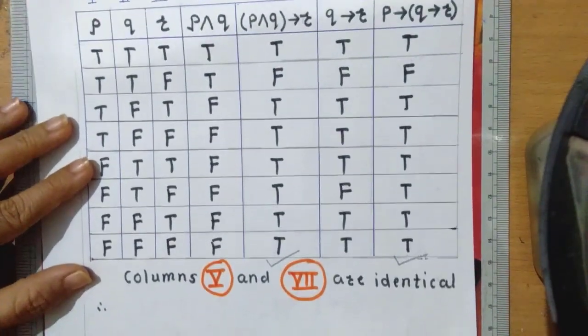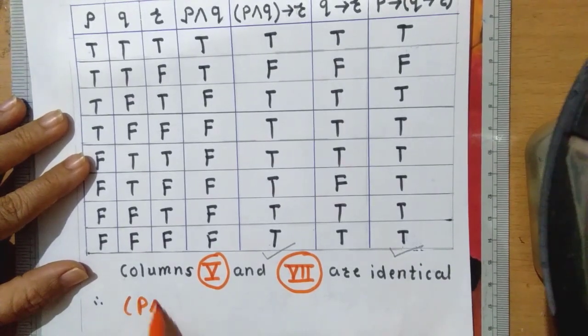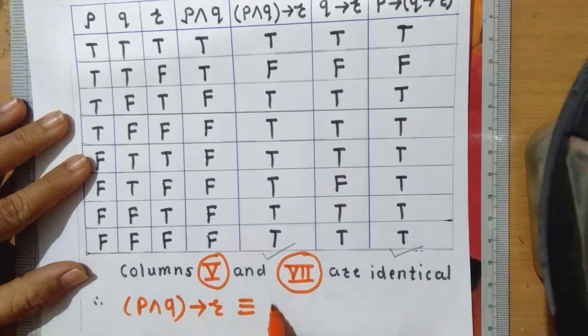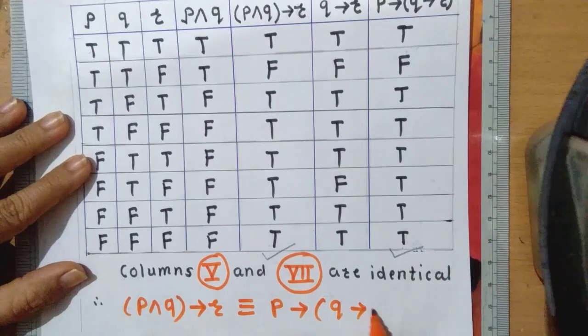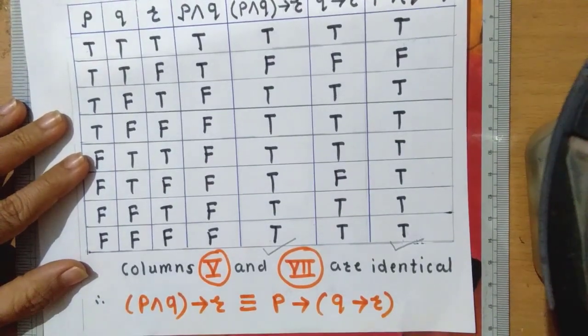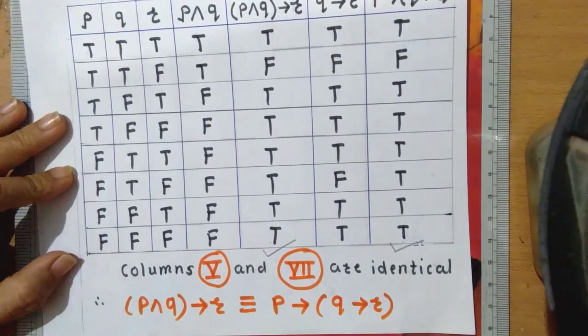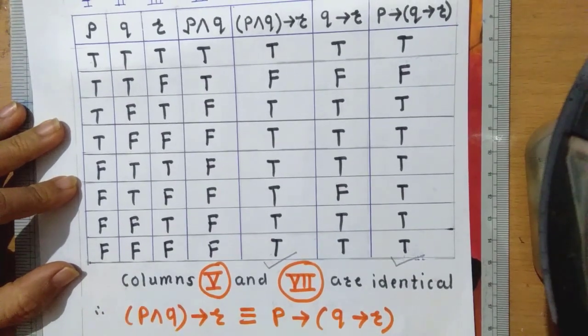So here, P conjunction Q implies R is equivalent to P implies Q implies R. And solve the remaining examples in the same way.